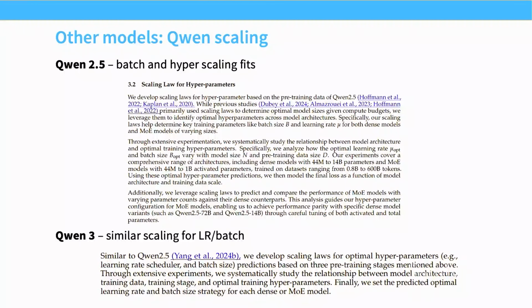So we do a bunch of scaling experiments to figure out what the optimum are, and then we have a scaling law, and we predict the optimum, and then we're able to do that even for MoEs, right? So this is basically the same thing as the DeepSeek analysis. Same thing with Qwen 3, right? By the time it's Qwen 3, they say, all right, we've already figured out what to do in Qwen 2.5. We're just doing exactly the same thing, right? So this has become part of a very standard recipe that you use in order to nail down the optimal learning rates and batches.